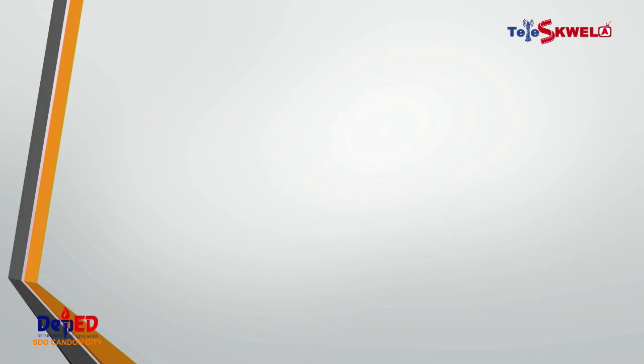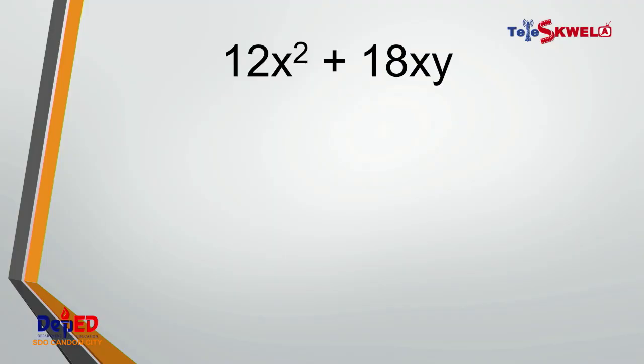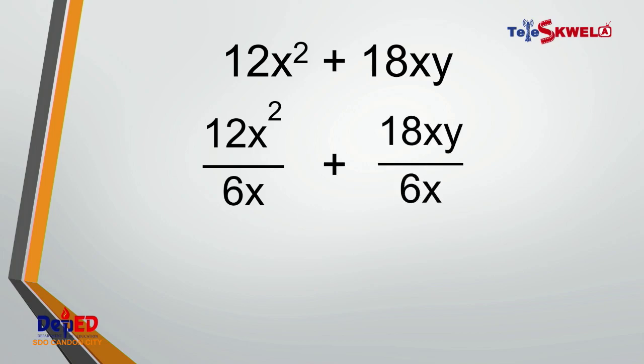Second step, divide each term of the given polynomial by the GCF. So we will have 12x squared divided by 6x plus 18xy divided by 6x. Let us first have 12x squared divided by 6x. We have to divide the numerical coefficients first.